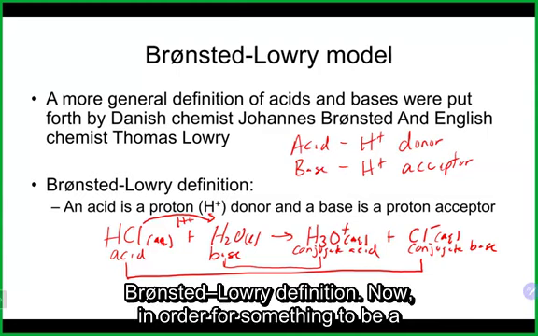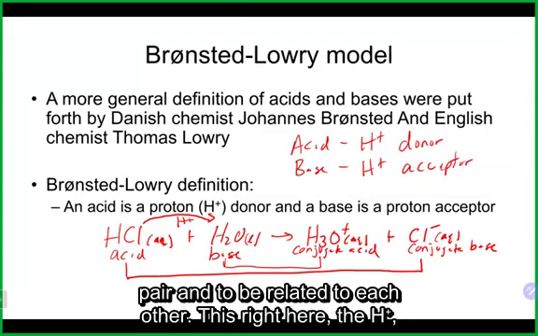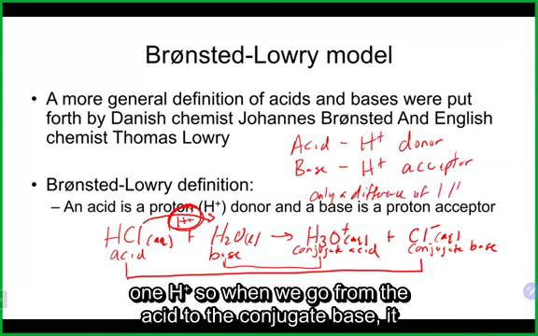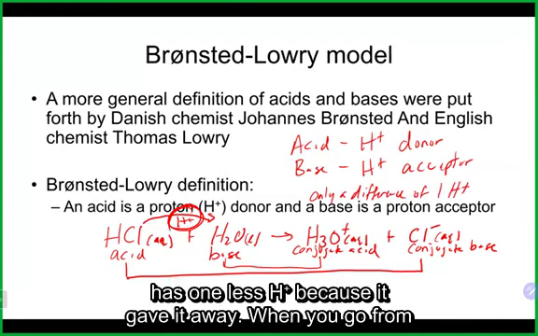Now, in order for something to be a pair and to be related to each other, there can be only one H plus difference. When we go from the acid to the conjugate base, it has one less H plus because it gave it away.